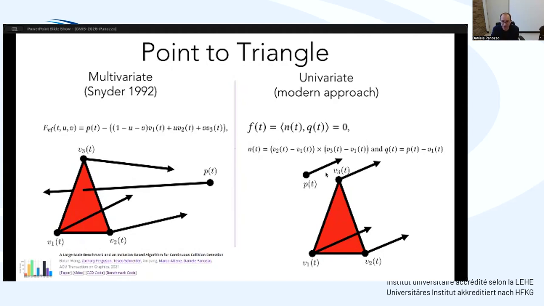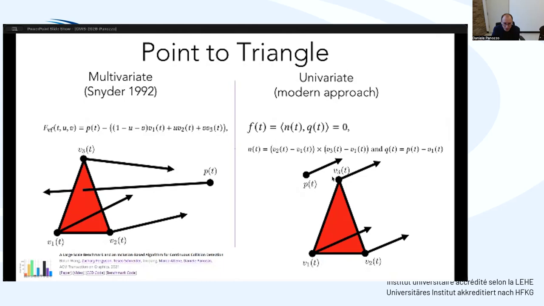It turns out that this is a really bad idea because there are many degenerate cases. For example, if the point and the triangle all move along the same trajectory, you get infinite roots for this polynomial, and so you cannot really know how to check if a point is inside or not. In the literature, there is a long enumeration of corner cases to try to get out of these.